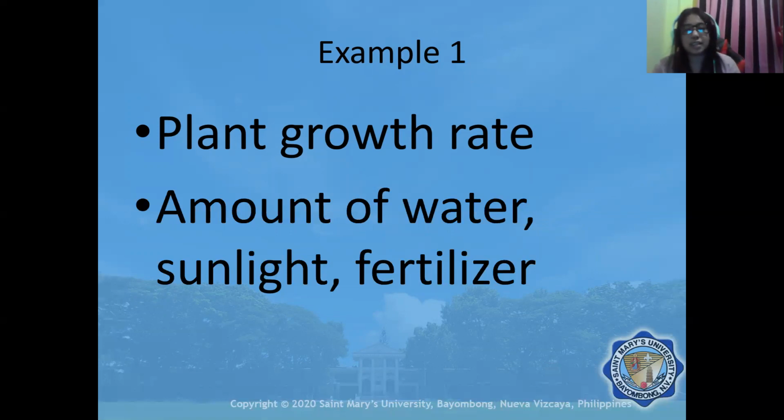Or it can also be stated that if different amounts of fertilizers were placed in the plant, and that is your independent variable, then another statistical null hypothesis is that there is a significant difference in the growth, the higher the amount of fertilizer placed in the plant, the higher the growth of the plant.